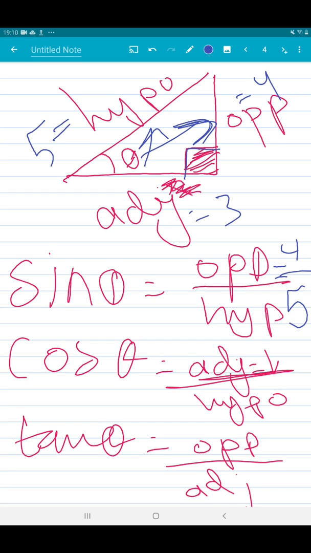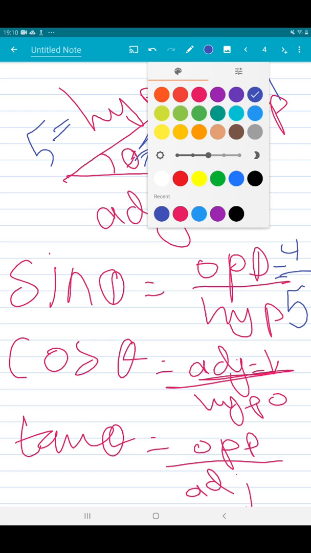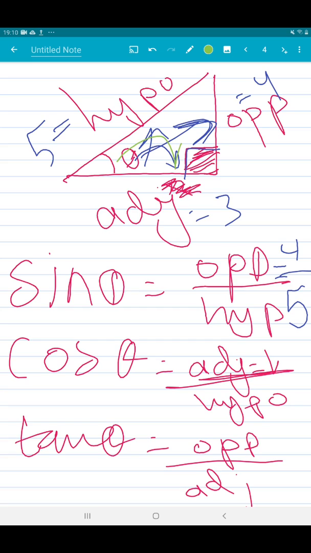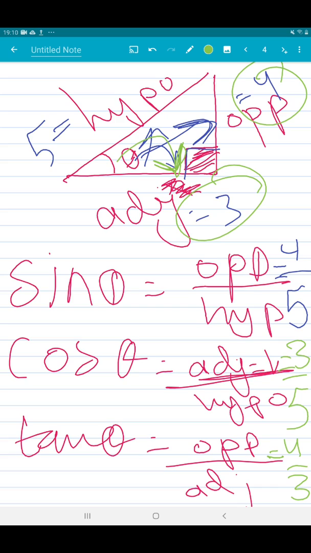Cosine theta, the adjacent, this is the adjacent, equals 3 over hypo, 5. Now tan theta equals the opposite side 4 over the adjacent, so it's 4 over 3.